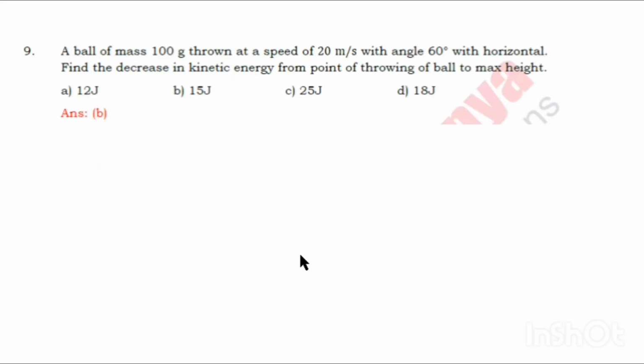Now, a ball of mass 100 grams is thrown at a speed at 60 degrees with the horizontal. Find the decrease in kinetic energy. We know by the work done principle, work done is equal to change in kinetic energy, right?